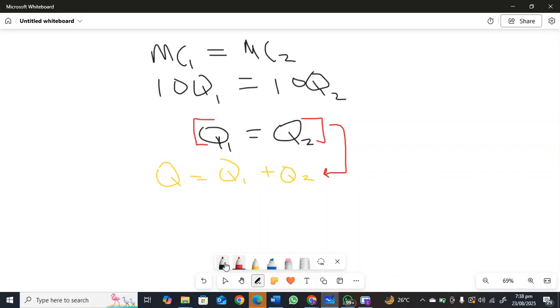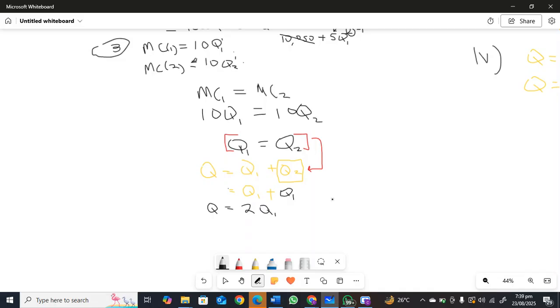According to our identity, Q1 equals Q2, so this Q2 here, we're replacing it with Q1, so that eventually Q equals 2Q1.